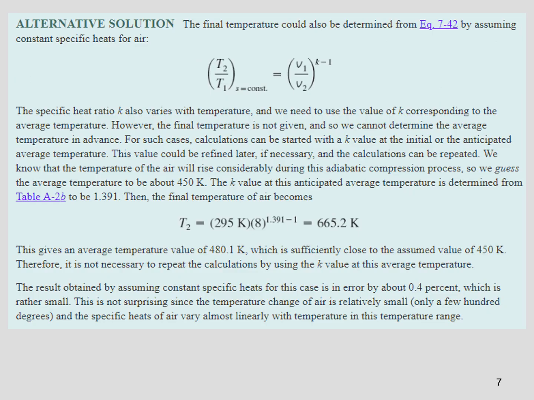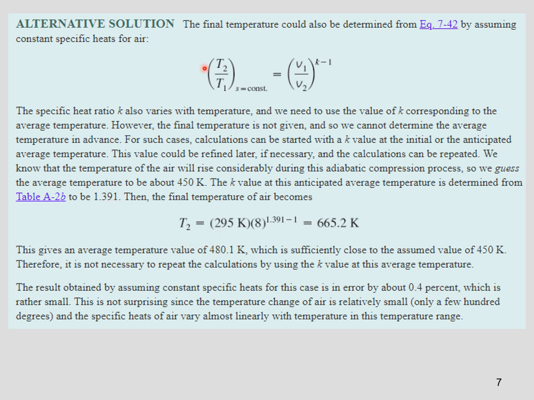You could also have done this using the approximate analysis with the equations. It's a little harder in my opinion, although you don't have to go into the table, so it might be easier in some situations. k is the specific heat ratio, so you have to look that value up too, in table A-2b. At 450 Kelvin, it's 1.391.